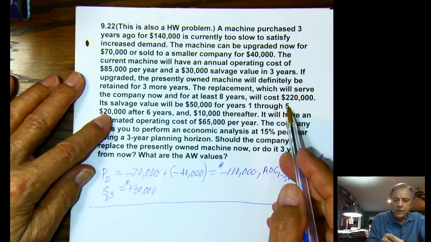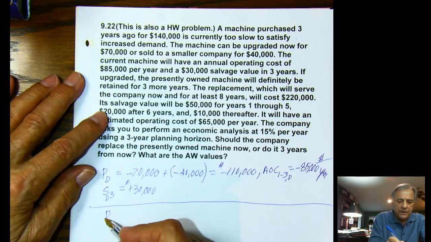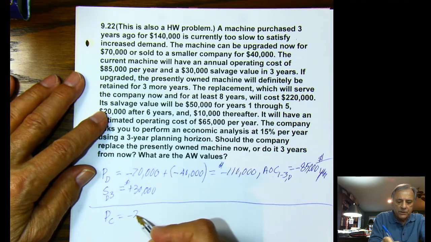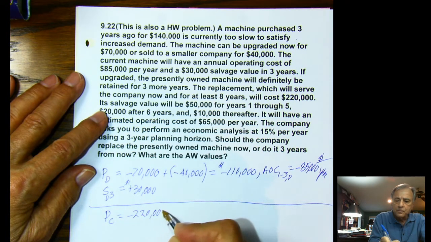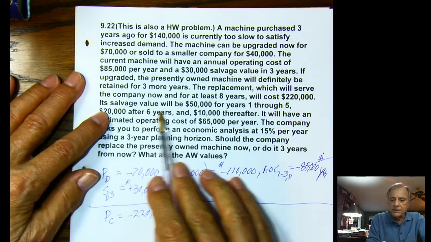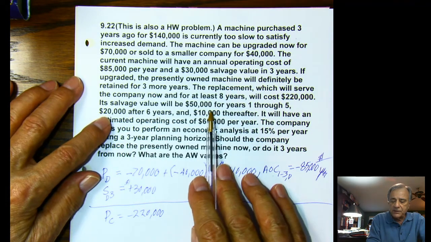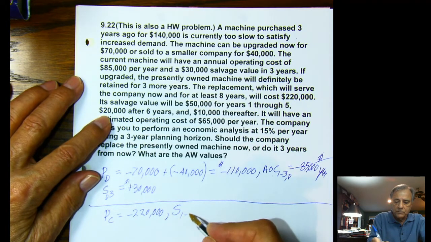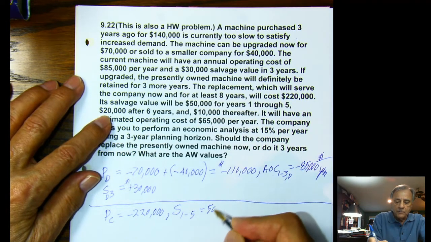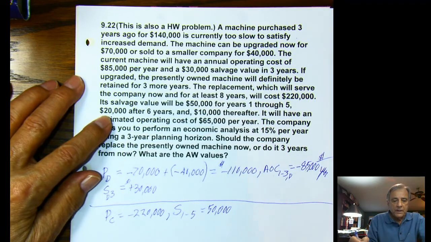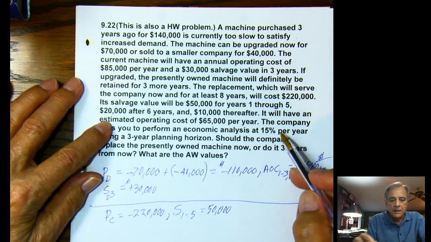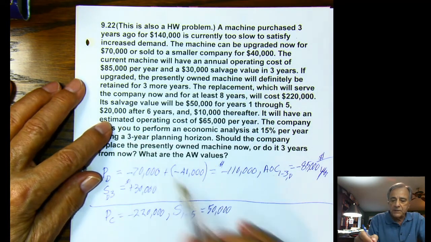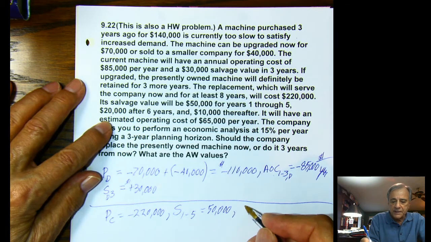It will cost $220,000. So P Challenger is minus $220,000. We'll have a salvage value of $50,000 for years 1 through 5. And then he says it'll be $20,000 after year 6. So S6 is $20,000.